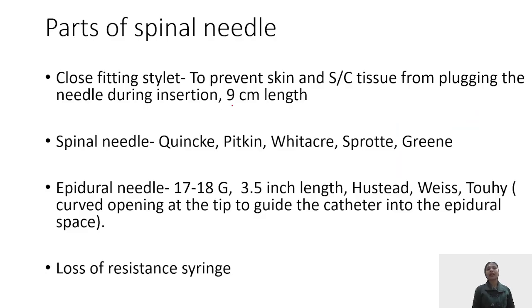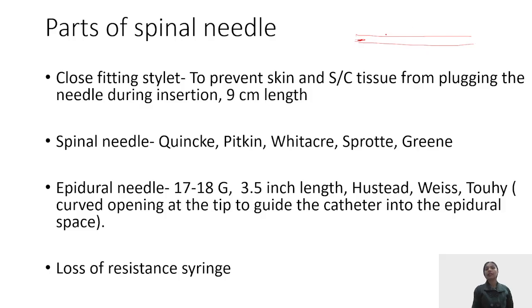What are the parts of a spinal needle? We have a spinal needle, inside which we have a stellate. A close fitting stellate is present inside the spinal needle, and always when you are introducing the spinal needle, it has to be along with the stellate in order to prevent the skin and the subcutaneous tissue from plugging the needle during insertion.